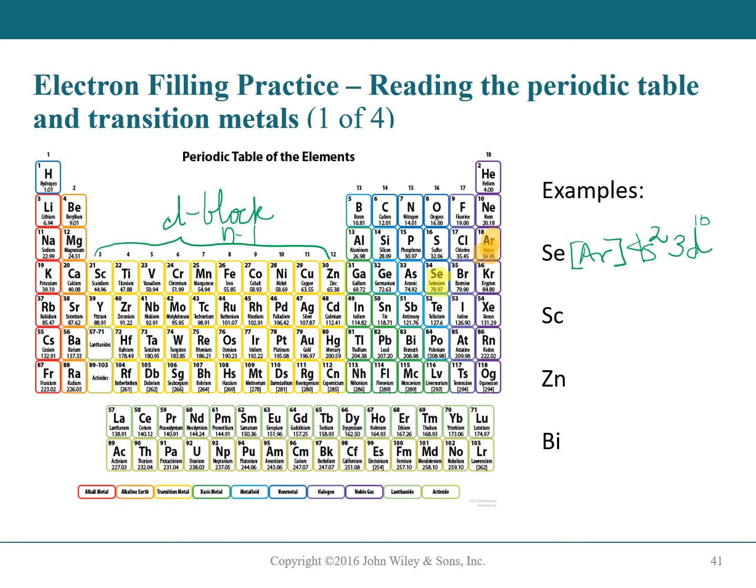Now I'm going to my P block. So it's 4p. And I go 1, 2, 3, 4. It's in the 4th column. So 4s2, 3d10, 4p4.